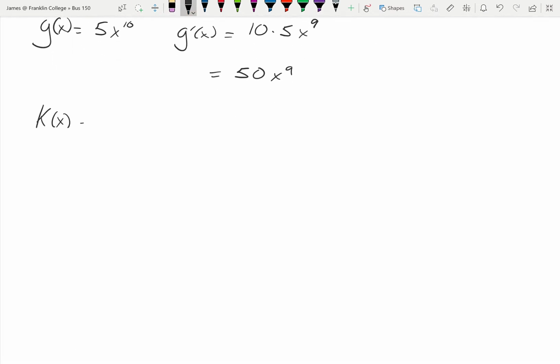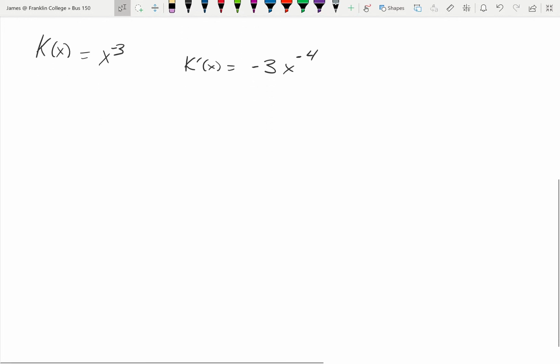If k of x equals x raised to the negative 3rd power, we're still going to apply the same rule: we multiply by the exponent, and then we reduce the exponent by 1. It's just that now k prime of x will equal negative 3x to the negative 4, well, negative 3 minus 1 is negative 4.